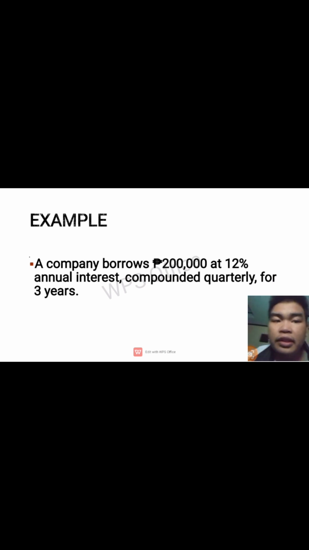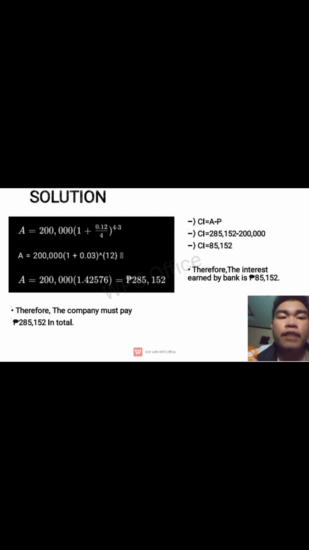Compounded quarterly for at least 3 years. Keep in mind quarterly. Since it is compounded quarterly, that means our n will be representing 4. And next, we transfer what we were given to the solution, giving us A equals 200,000 times 1 plus 0.12 over 4 to the power of 4 times 3.